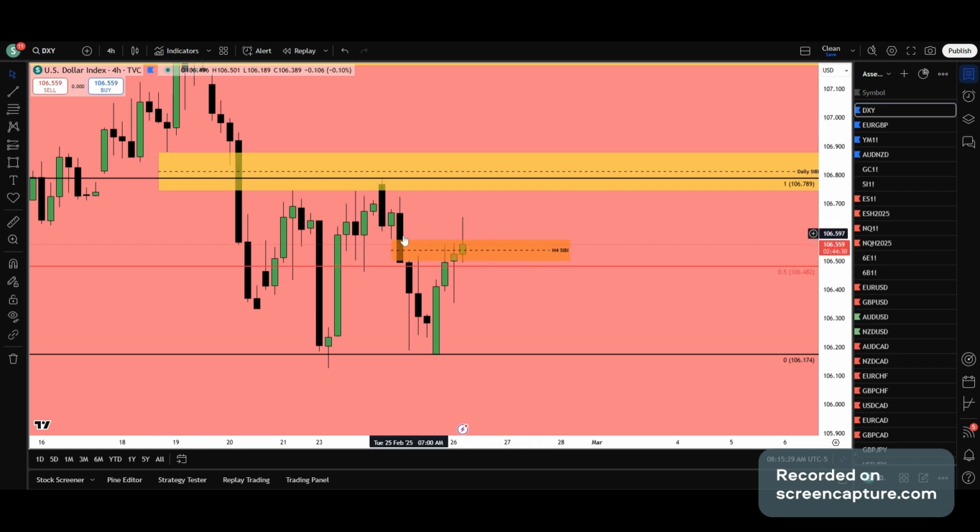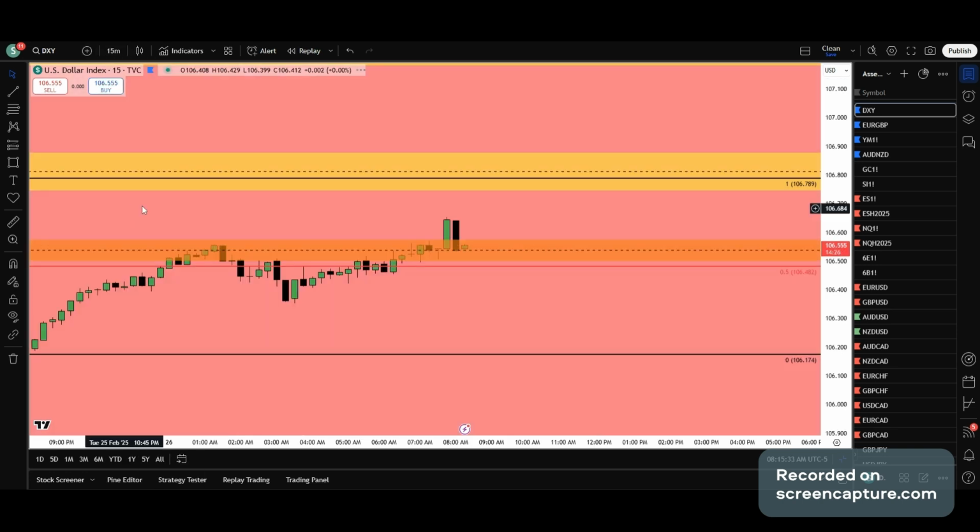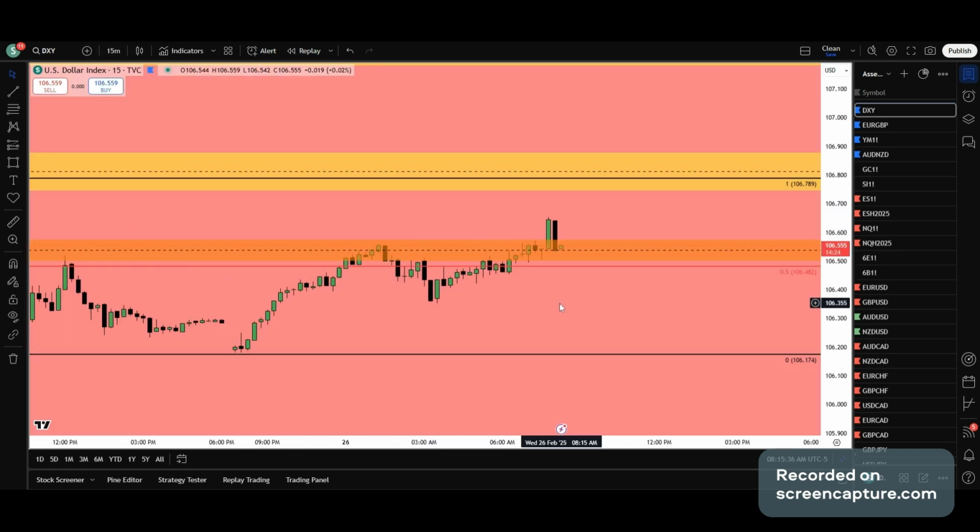So since I'm keying off of a 4-hour level for dollar, I'd like to see a 15-minute displacement. So in order to get that, this short-term low right here would have to get ran through. So price needs to reprice lower below this short-term low to increase my confidence that dollar is going to go lower.